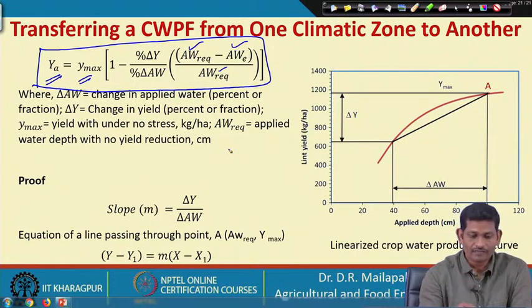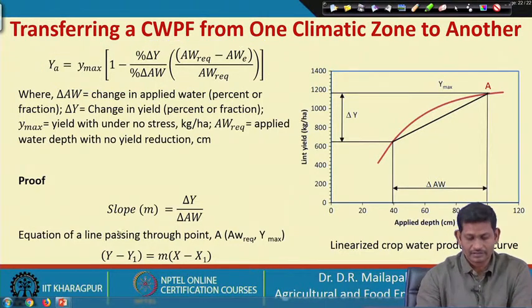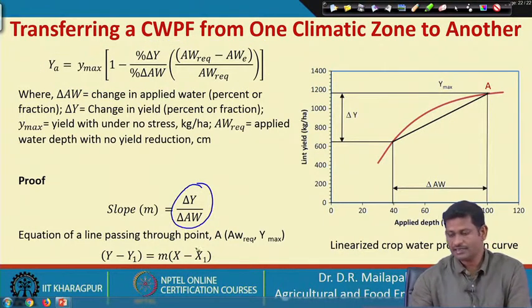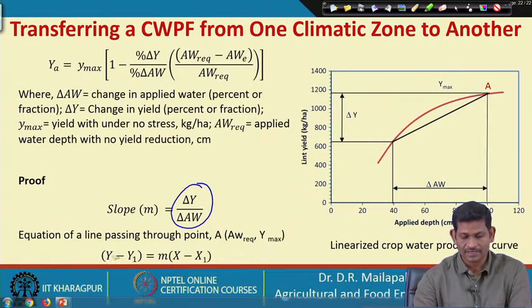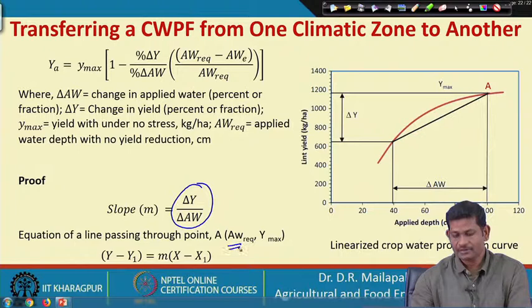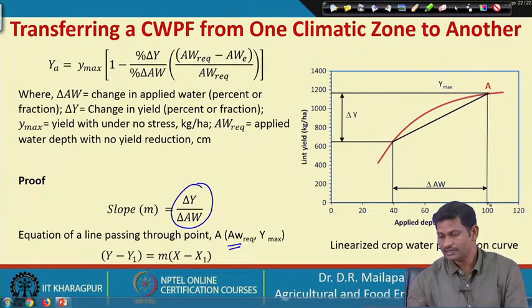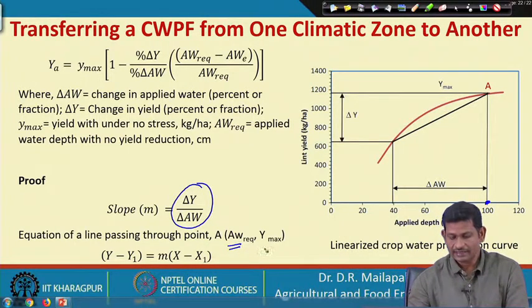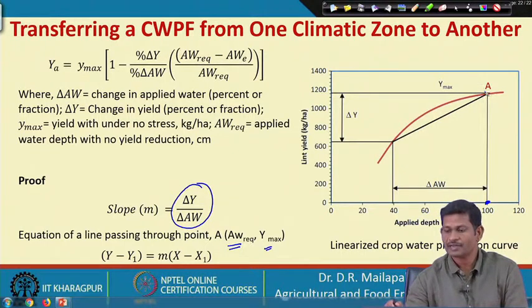Now we can also have the proof for this. The slope here is delta Y by delta AW, and the line passes through AW required and Ymax.